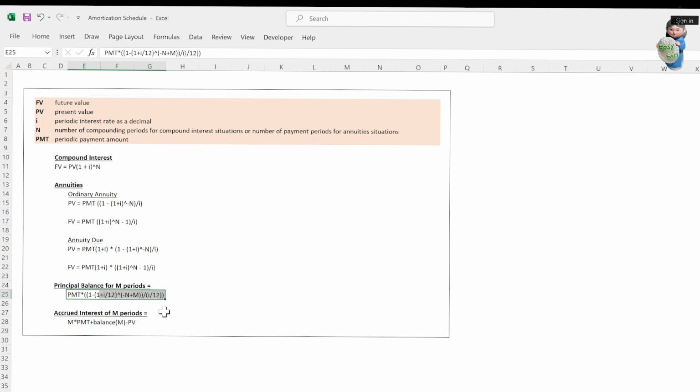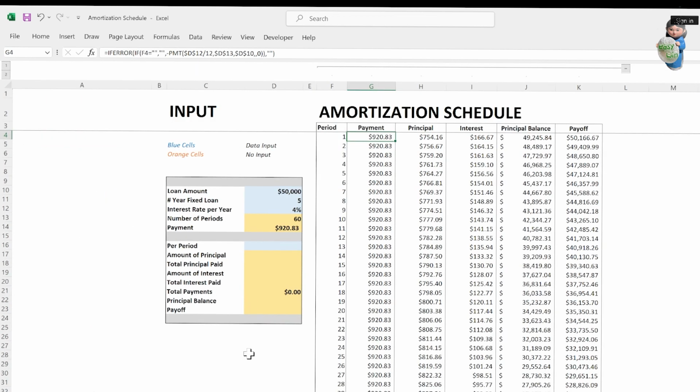And this formula is for you to type in to calculate the principal balance. If you plug in this formula somewhere in here, it will be the same as here.